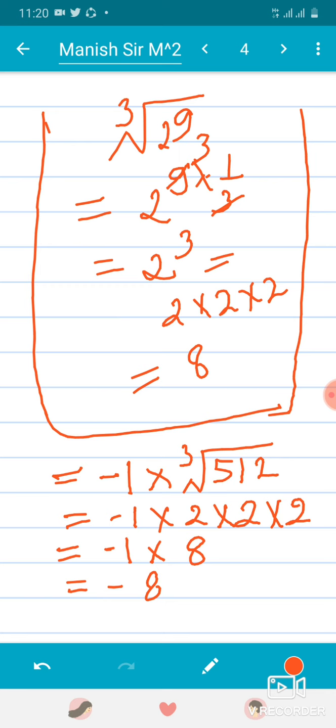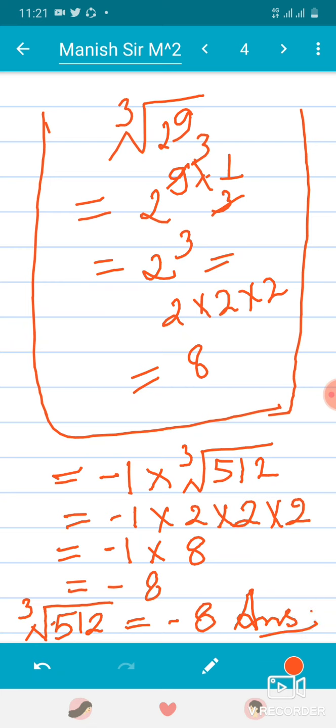It means the cube root of minus 512 becomes minus 8. This is your answer. So this way we can find the cube root of any negative number with the help of the factorization method or the power method.